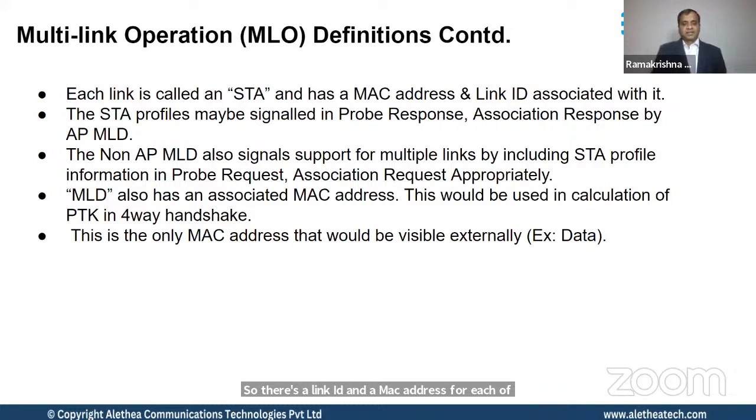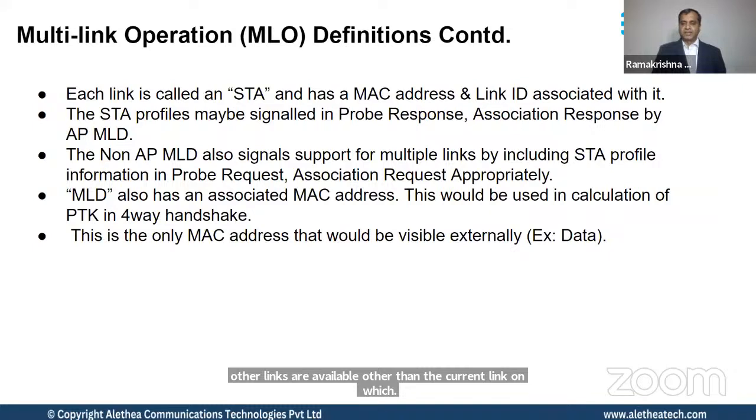The STA profiles, that is the details of the links, will be signaled in probe response and association response by the APMLD. As you may know, probe response is normally sent to a client when the client sends a probe request, and it can be unicast or broadcast. If it is sent unicast, it is likely that the STA profiles are included in the probe response for the client to know what other links are available other than the current link on which the probe request has been sent.